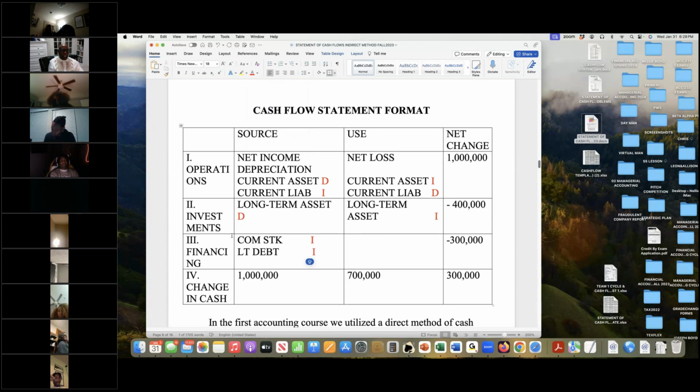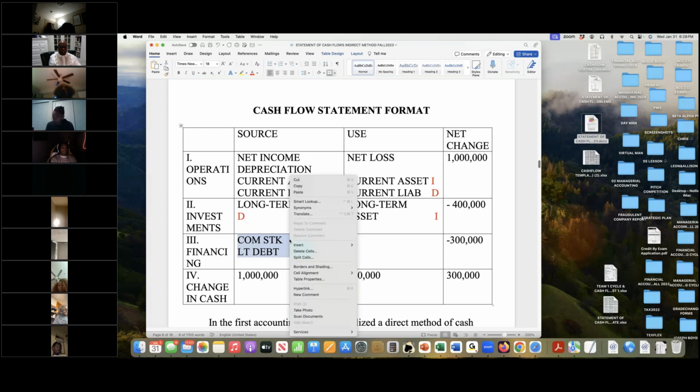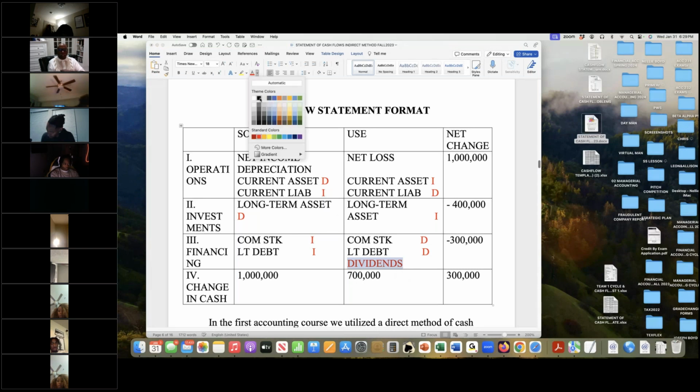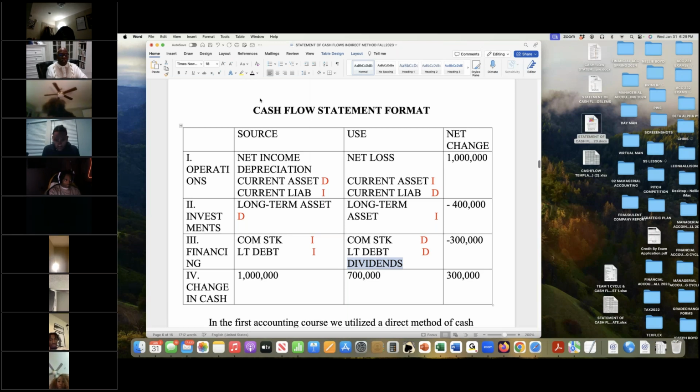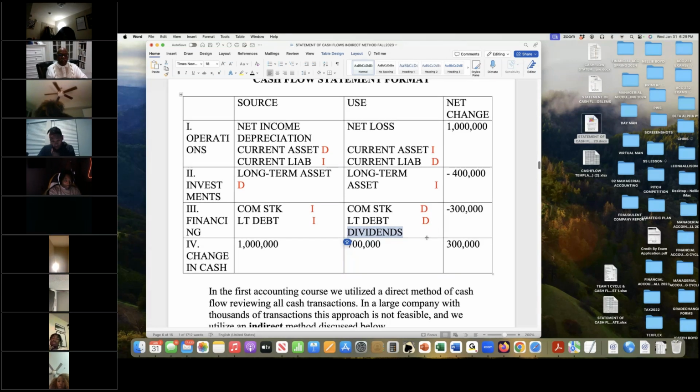Now, just the opposite happens when these accounts decrease. Then we have one other item, dividends. Dividends are always going to be here. They do kind of increase, but it's a use of cash. So I'm just going to leave dividends there.